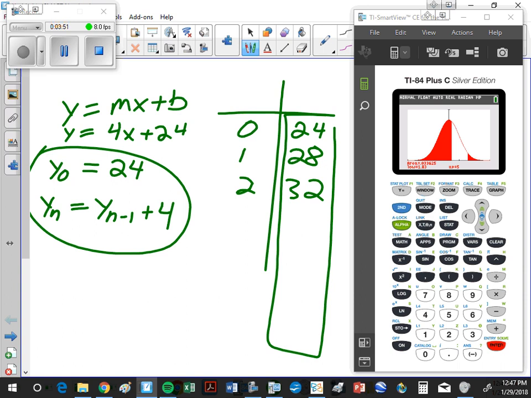The next question is kind of interesting. Would the graph of this equation be a solid line or a dotted line? Why dotted? You can't put part of a watermelon on a truck. Well, I guess you can, but he's not going to, right?